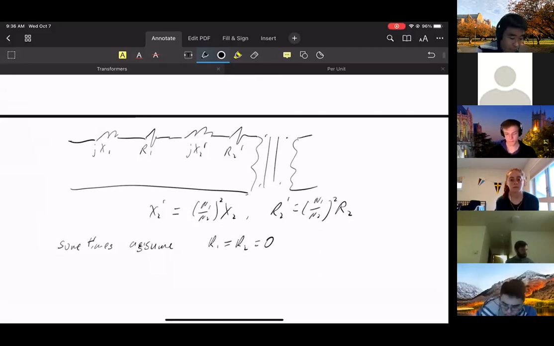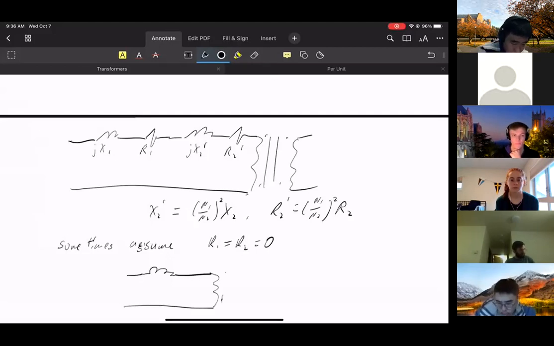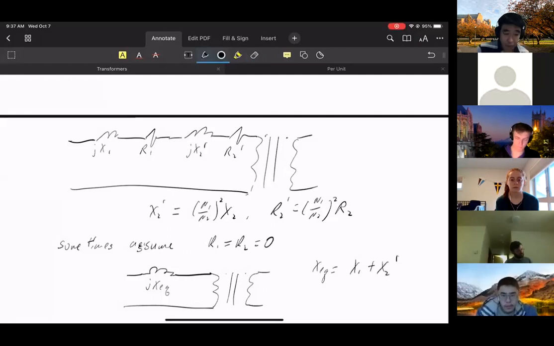Then all we have left is an inductor in series, so our transformer becomes an ideal transformer with some inductor, which is just the sum of the inductances from x1 and x2 prime.